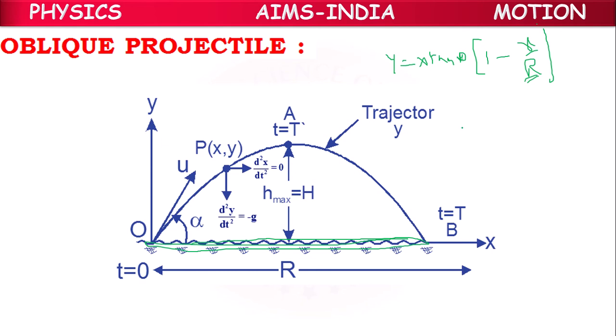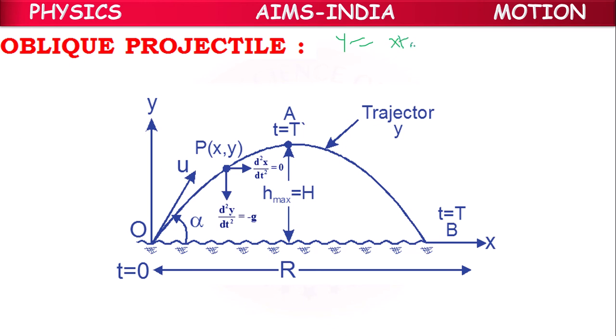Previously we had y equal to x tan theta minus half g x square by u square cos square theta.